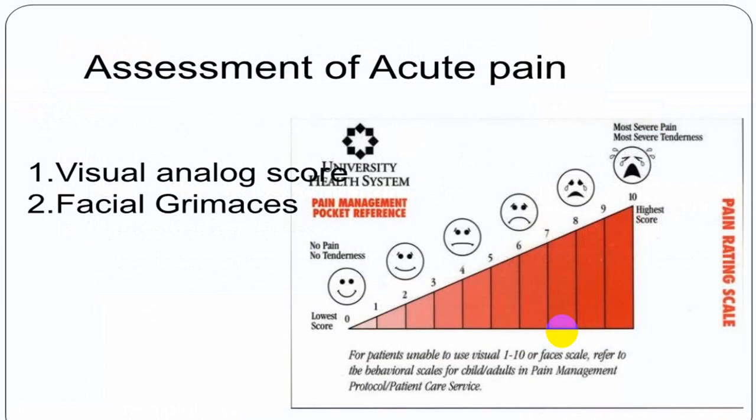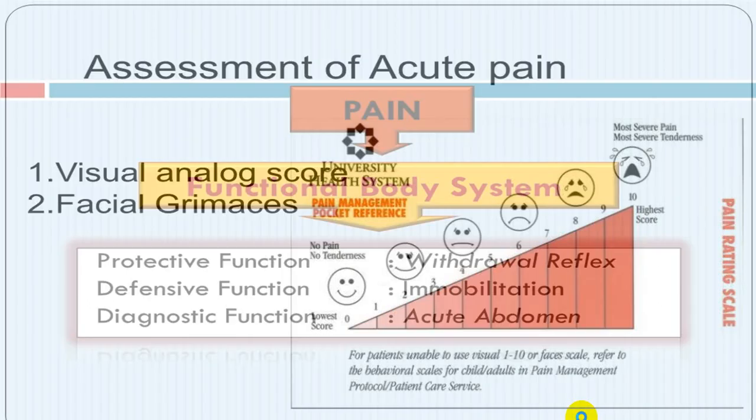For assessment of acute pain there are 2 things which are very commonly utilized: visual analog score and facial grimaces. You can utilize any one of these. This is the most common which is being utilized, and you put the score from 0 to 10. Accordingly you can classify them into severity: mild, moderate, and severe, etc.